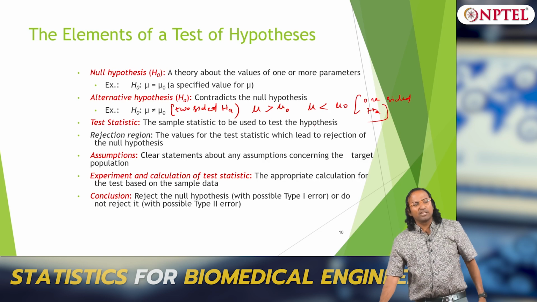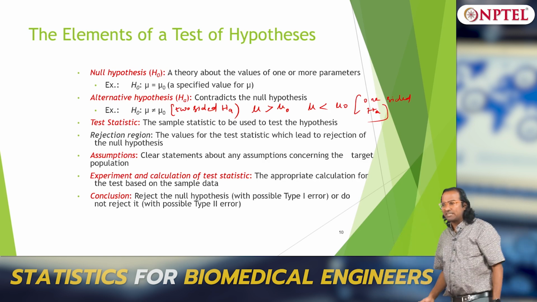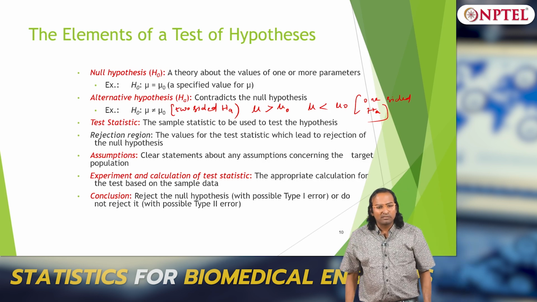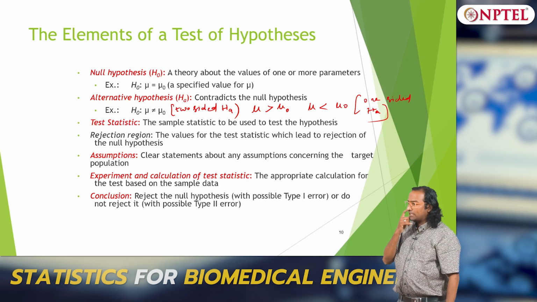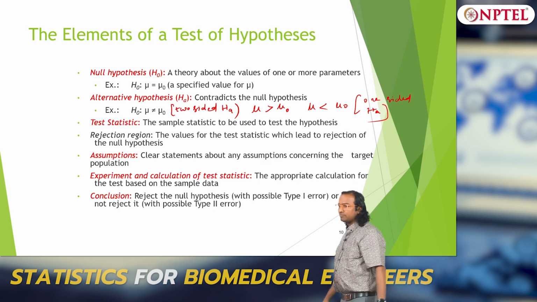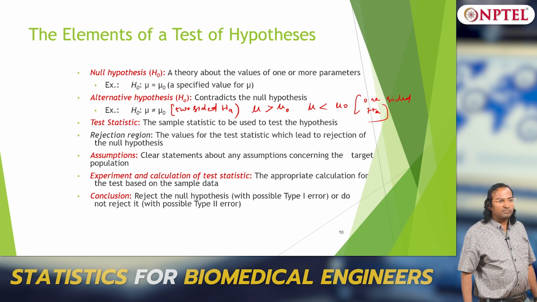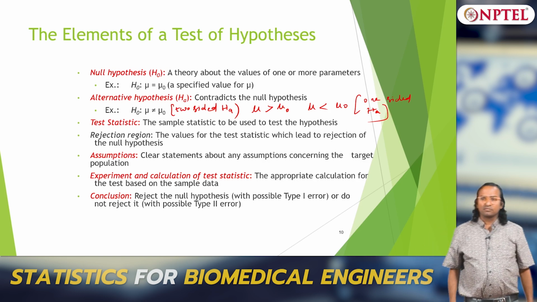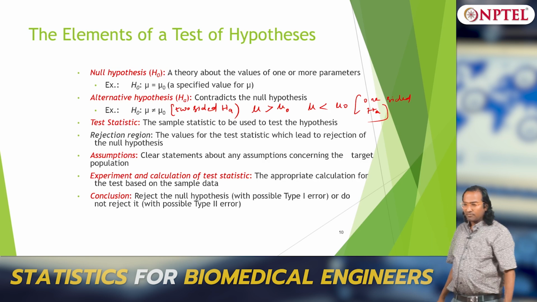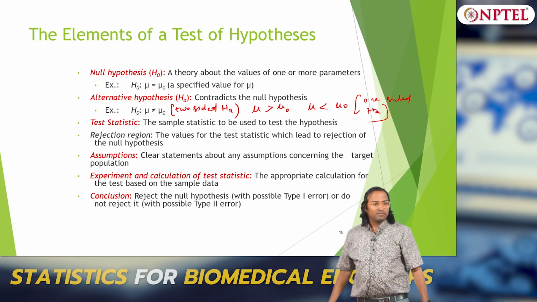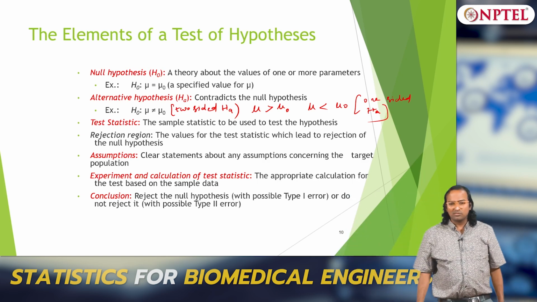What is the difference between two sided and one sided? Why do I specify explicitly two sided and one sided? What will change between a one sided and a two sided hypothesis? I am still interested in the population parameter mu.